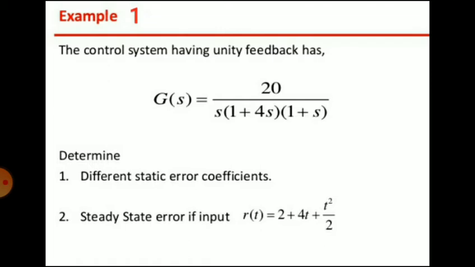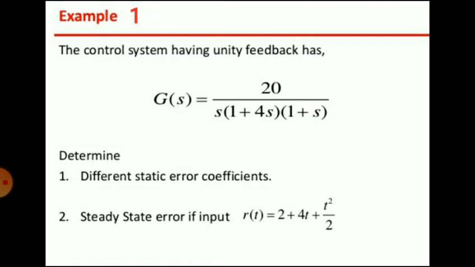The first example: the control system having unity feedback has the transfer function G(s) given, and H(s) equal to 1, since it is a unity feedback system. G(s) equal to 20 upon s into (1 plus 4s) into (1 plus s).